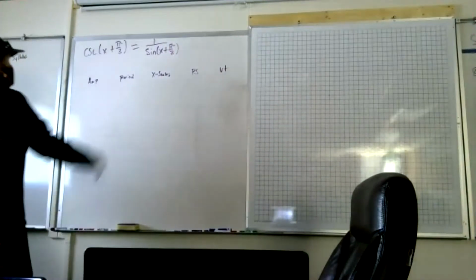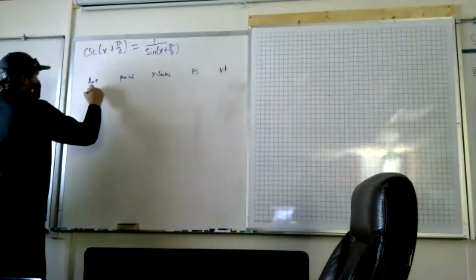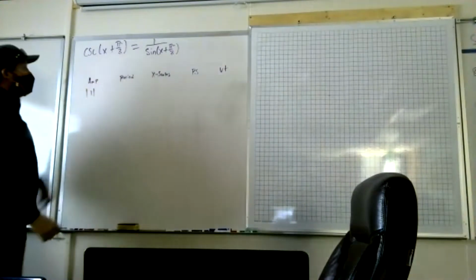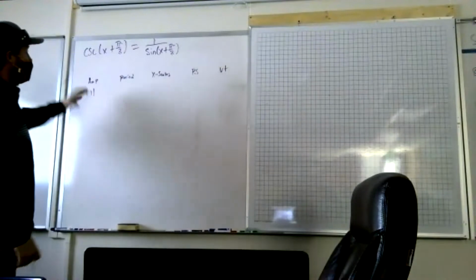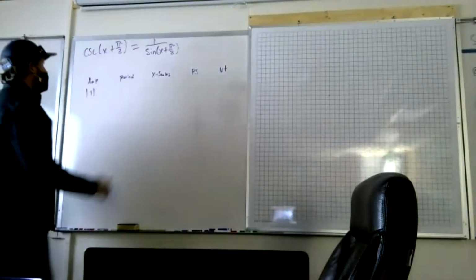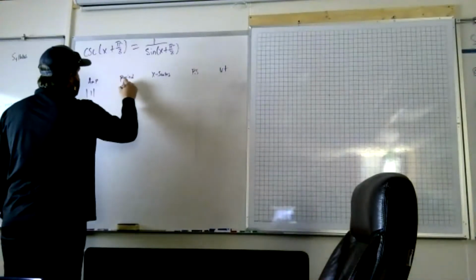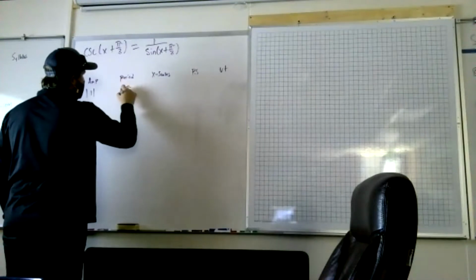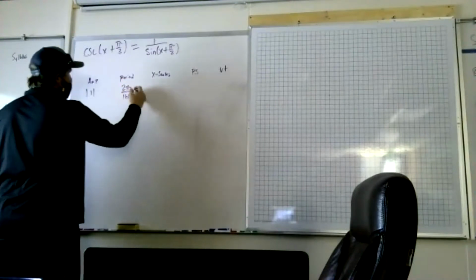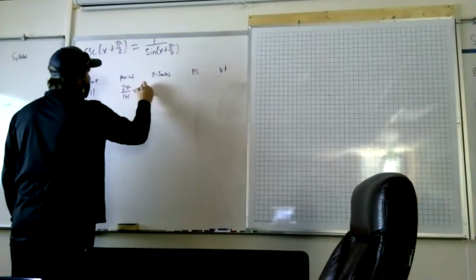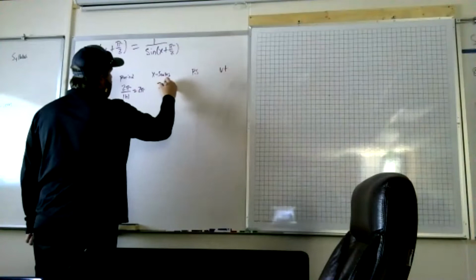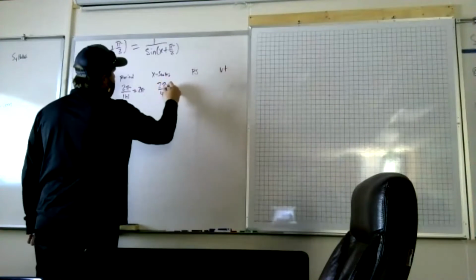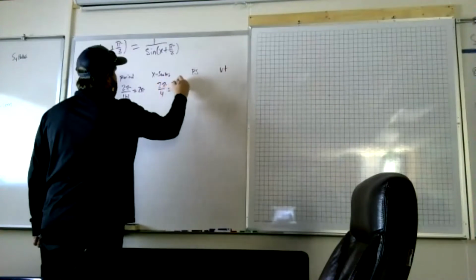The amplitude is still the absolute value of 1. So I know that my minimum and maximum values for cosecant are going to occur at 1. The period, 2 pi divided by the absolute value of b. Our value of b is 1, so the period is still 2 pi. The x scales: I take 2 pi divided by 4, I get pi halves.